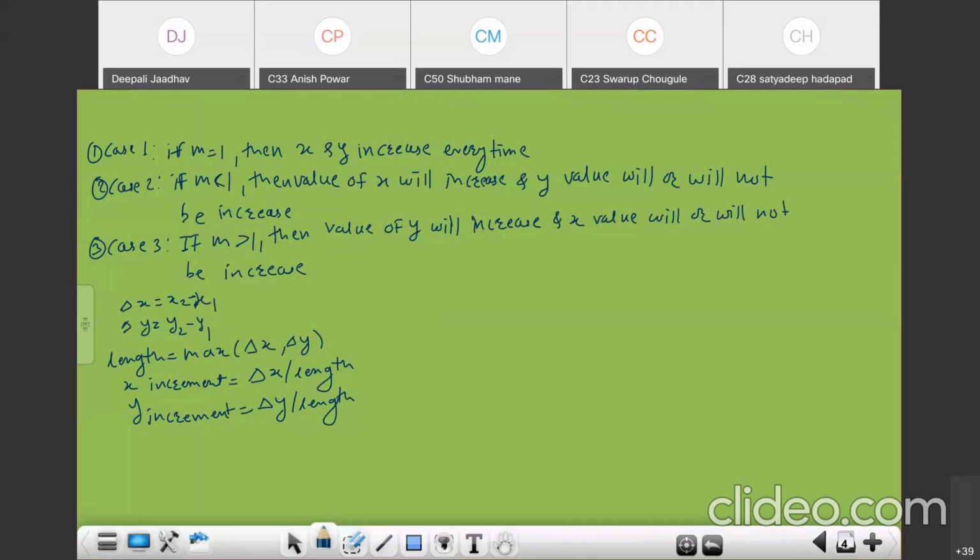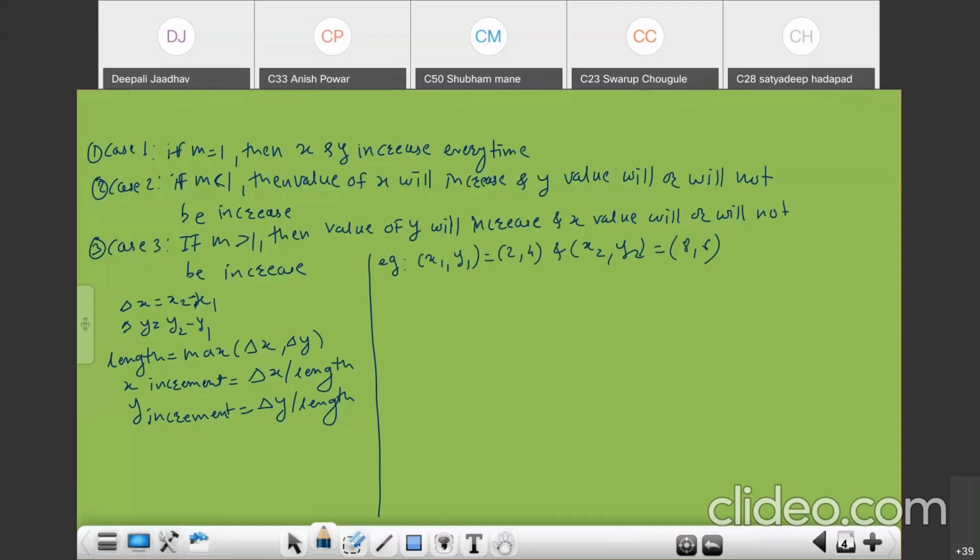Now see here, suppose there is a line, for example, x1, y1 with values 2, 4 and x2, y2 with values 8, 6. Now put these values in this equation.